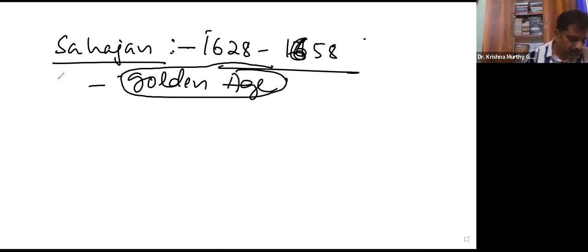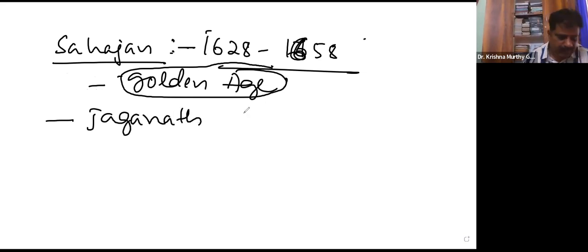Next one, Shah Jahan. He was also a supporter of several musicians. Most popular musicians in the court of Shah Jahan, okay, Jagannatha. Next, another popular man, Sukhsen.